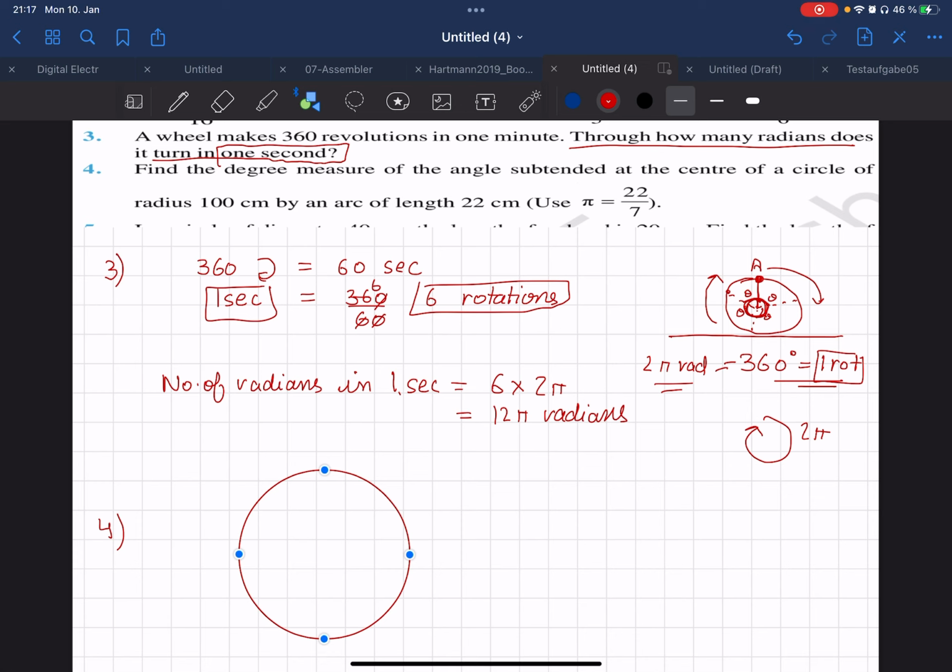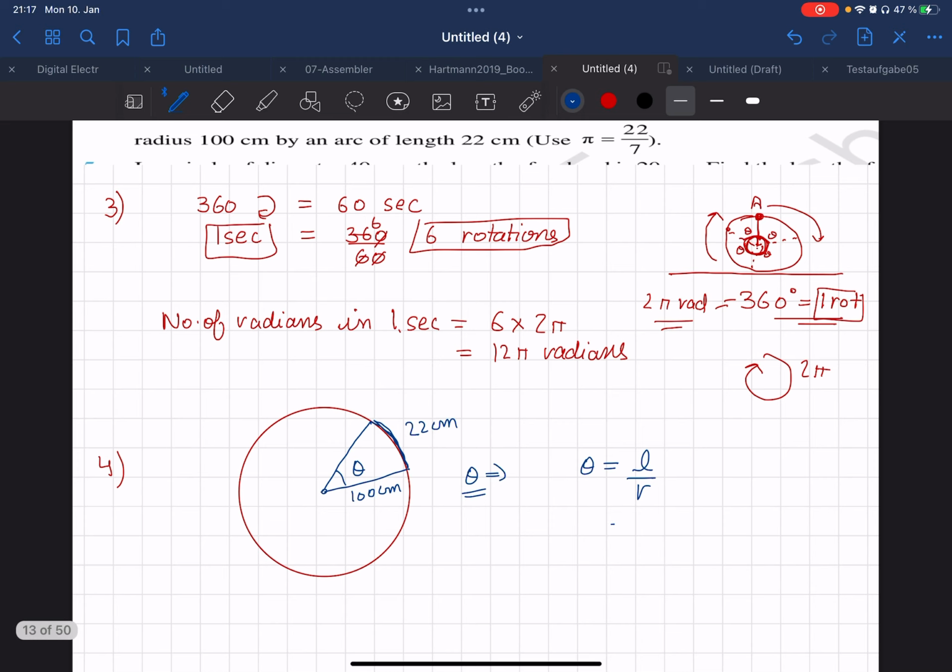This is not a circle. That's a beautiful circle. I'll take this as the center, and I'll find the degree measure of the angle subtended on the circle of radius 100. So the radius is 100 centimeters. Okay, no problem. And the arc subtended is 22 centimeters. Oh, easy. And this is the arc subtended. All of this I covered in the first video. So the angle that will come will be in radians here. All right. So theta is length of arc upon radius.